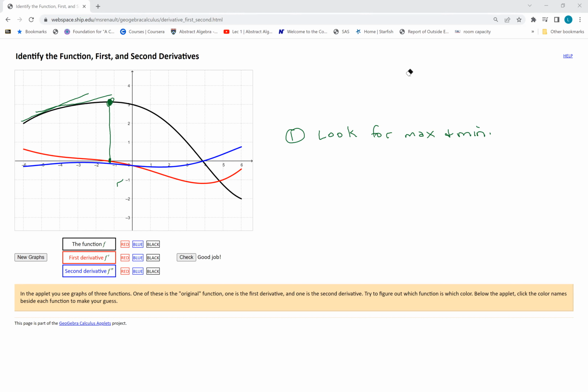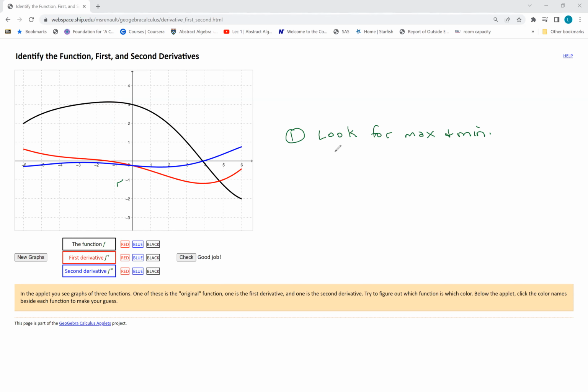And then on the other side of that maximum, notice that all the slopes of tangent lines would be negative. So if the derivative of black were red, starting at this point, all the values would be negative, and they are.